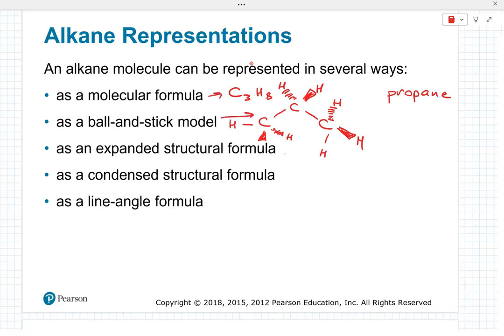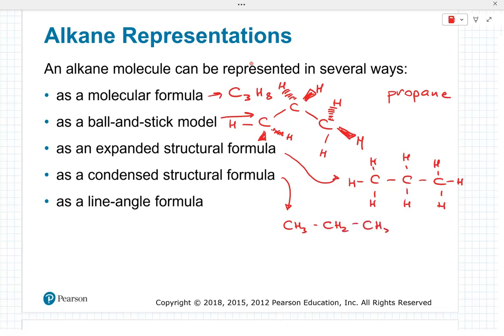Now, what about expanded structural formula? So we have 3 carbons aligned, the middle one is connected to 2 hydrogens, and the terminal ones are connected to 3 hydrogens each. Condensed structural formula: instead of the first one, we would do CH3, second one CH2, and the third one CH3 again.